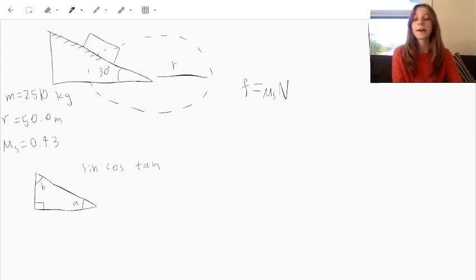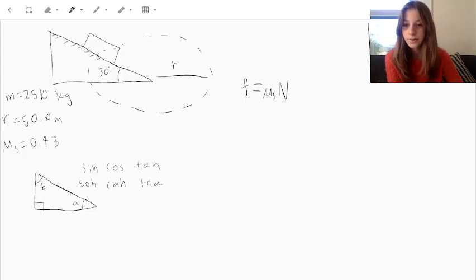A way to remember how these work is the mnemonic SOH CAH TOA. So O means opposite, A means adjacent. These are talking about sides of the triangle.